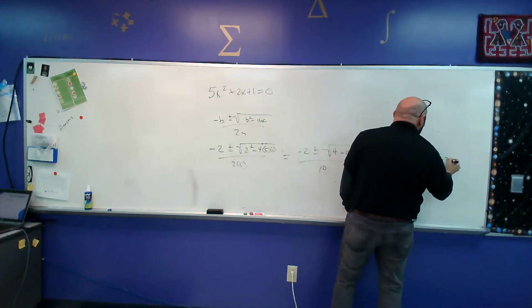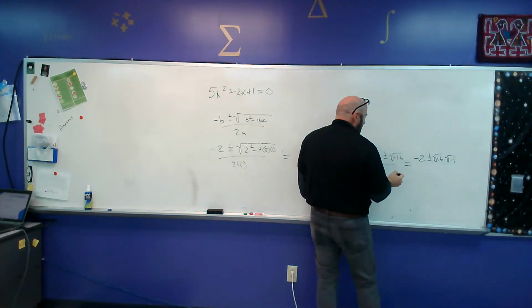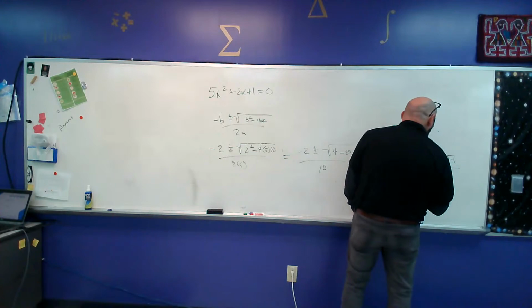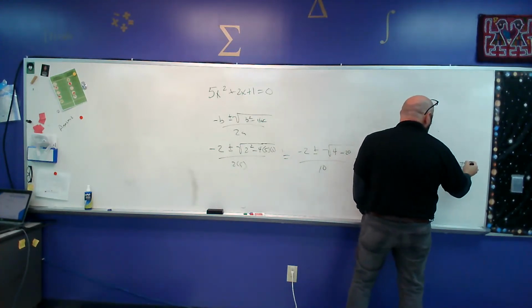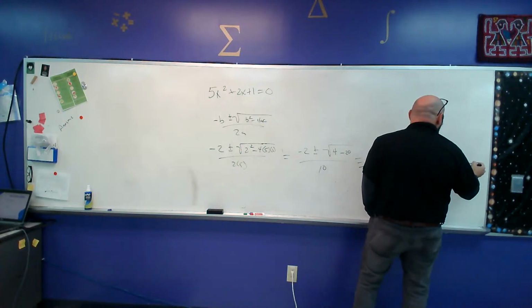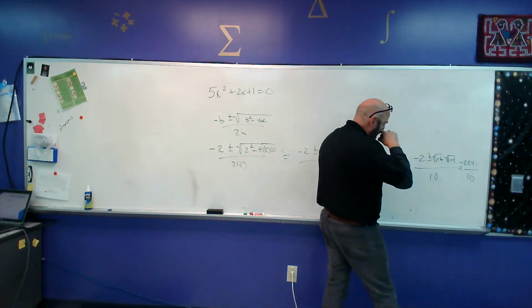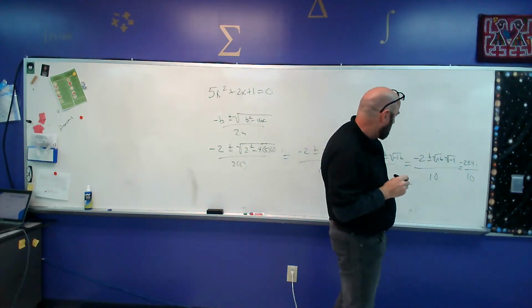So you can go square root of 16 times square root of -1, right? And that is going to equal -2 plus or minus 4i all over 10, and that can probably be reduced, right?